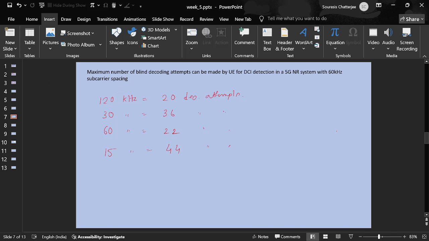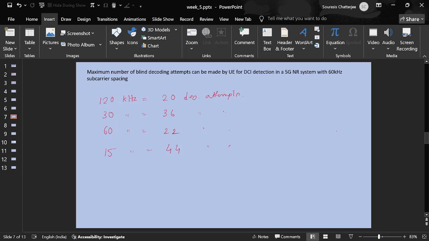It's mentioned that maximum number of blind decoding attempts. So when I talk about blind decoding, is it necessary that every time I have to decode the entire control payload and only then decide that it is not meant for me, or is there some easier way or shortcut to reduce the pain of blind decoding?